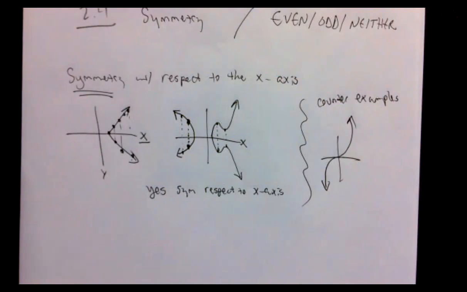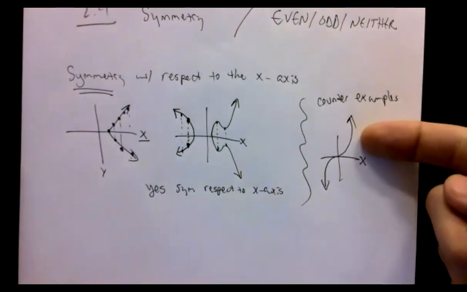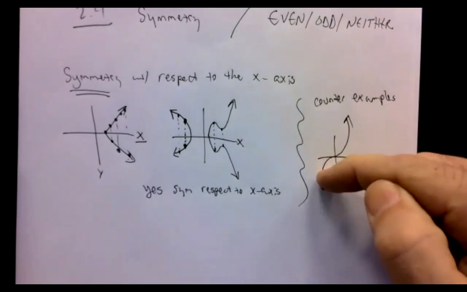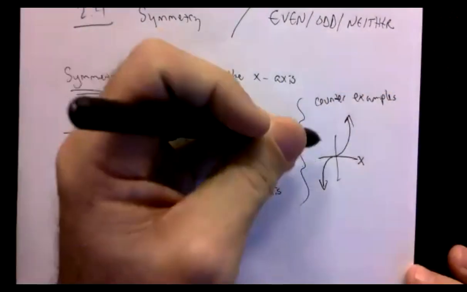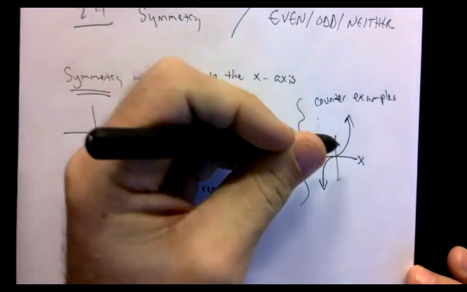So say we've got a graph that kind of does this number. And again, with respect to the x-axis, if we folded this side of the graph down, or if we folded this side of the graph up, it should be up here kind of like this, but it's not.